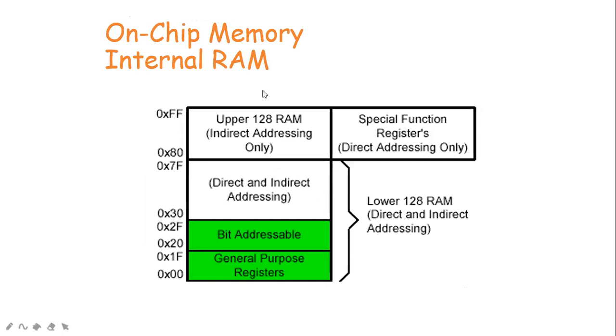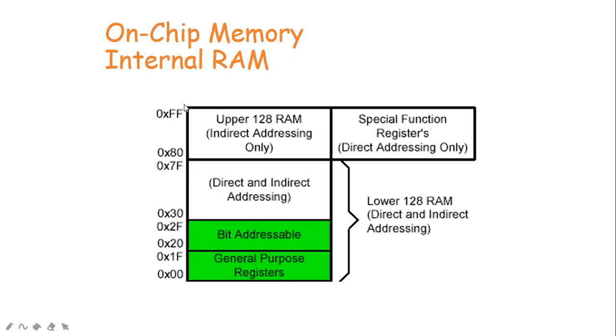On-chip memory, or we can say internal RAM. The internal RAM of 8051 is 128 bytes, from 00 to 7FH.